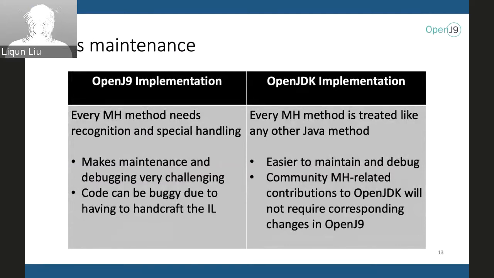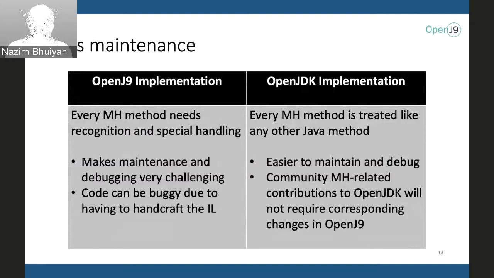Thanks, Liqun. So one of the challenges that OpenJ9 and JIT developers have to deal with is that the current method handle implementation requires each method handle method to have special recognition and special handling. Basically, the IL has to be handcrafted, and this makes maintenance and debugging quite challenging. And the IL that is generated is prone to bugs.